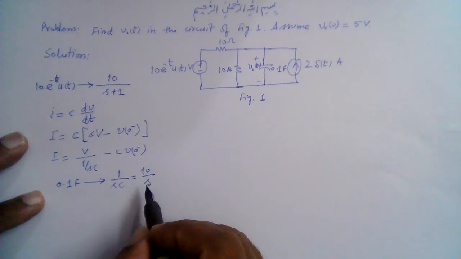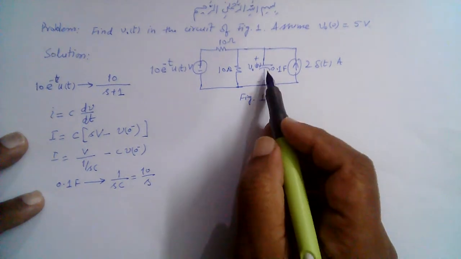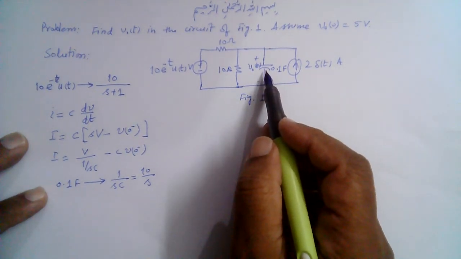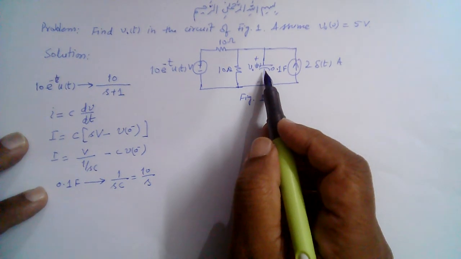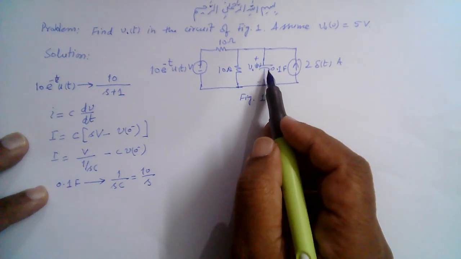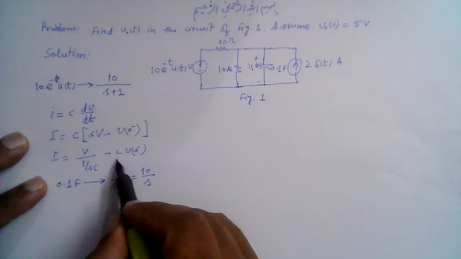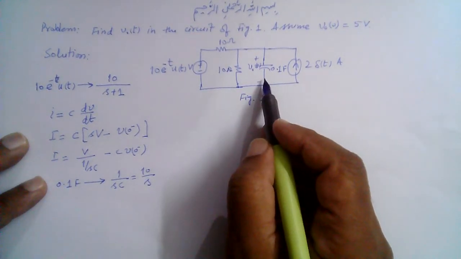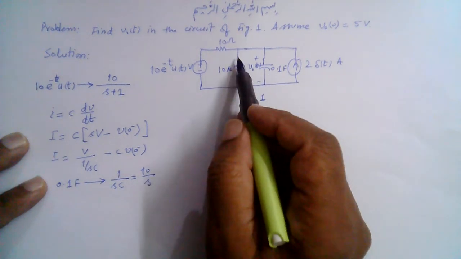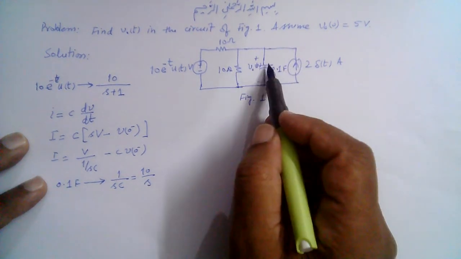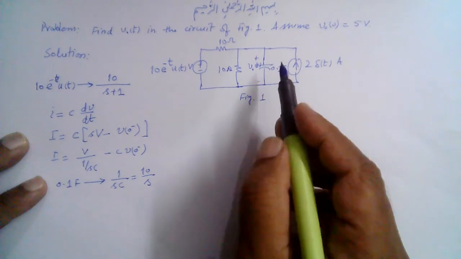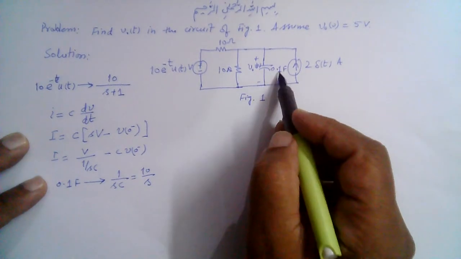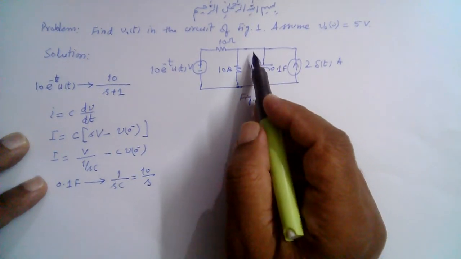And furthermore, this capacitor will be represented with a current source in parallel with this capacitor, or a voltage source in series with this capacitor. Because all these branches are in parallel, we'll be better off using a current source in parallel with the capacitor. So this will facilitate nodal analysis.